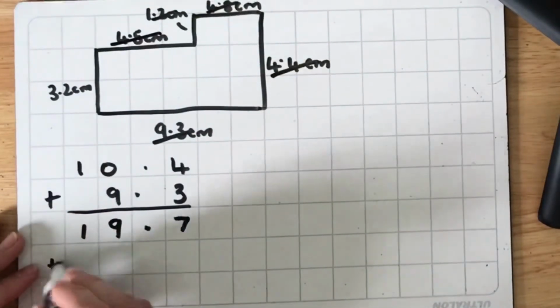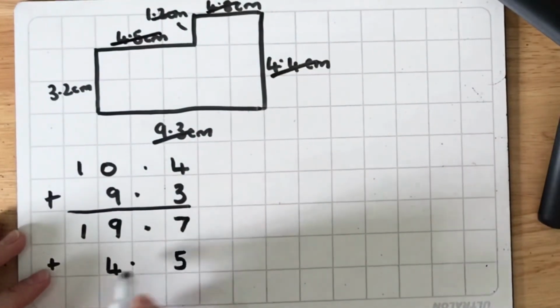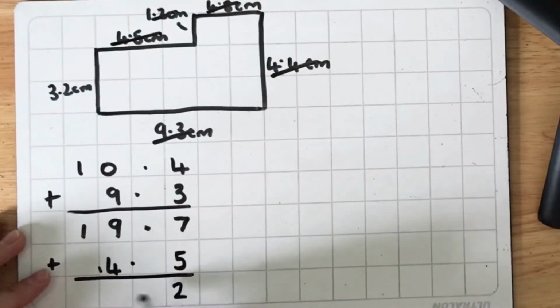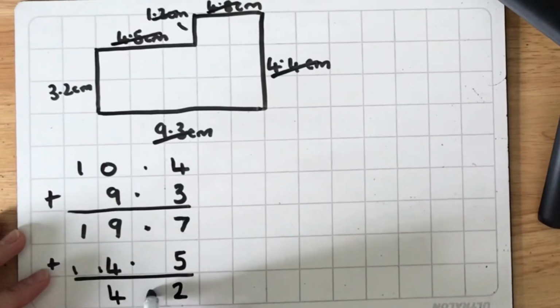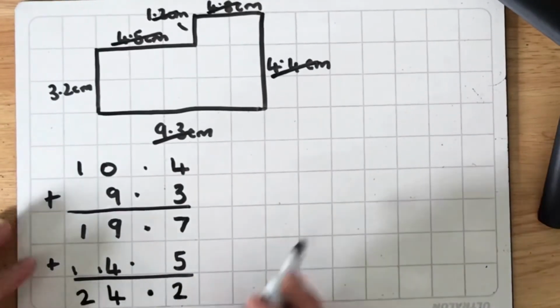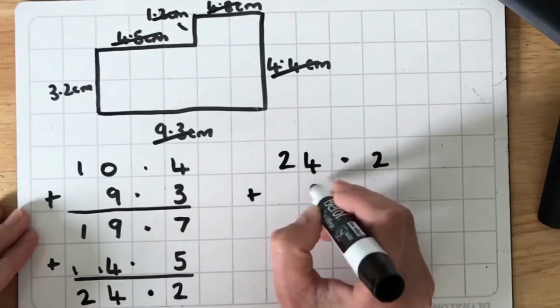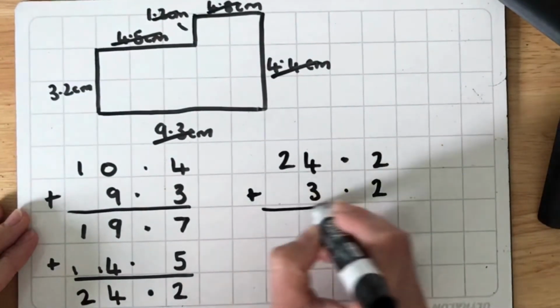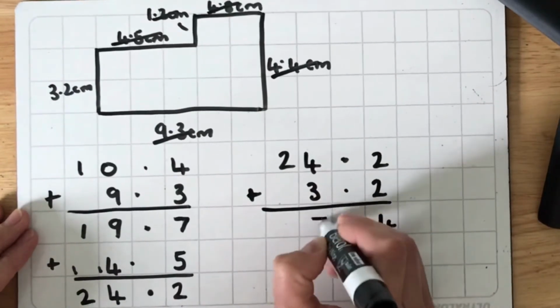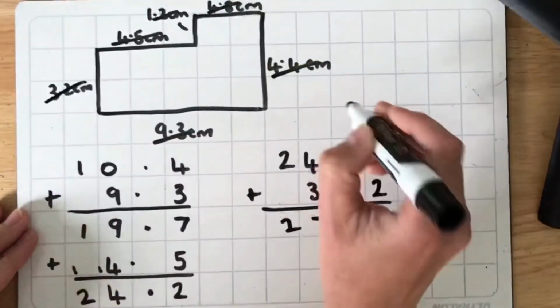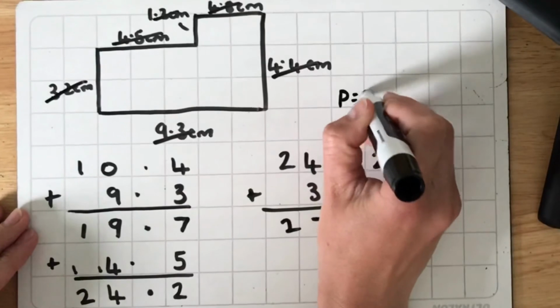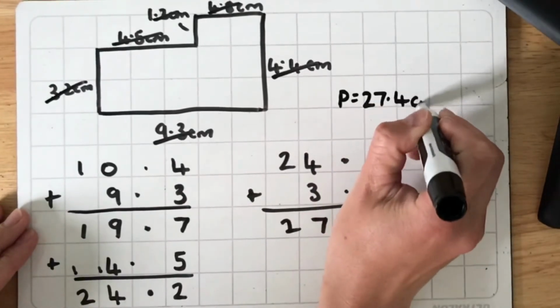Then add the 4.5. Don't forget your decimal point. 24.2. And then your last one to add is 3.2. That gives you a total of 27.4. So your perimeter is 27.4 centimetres.